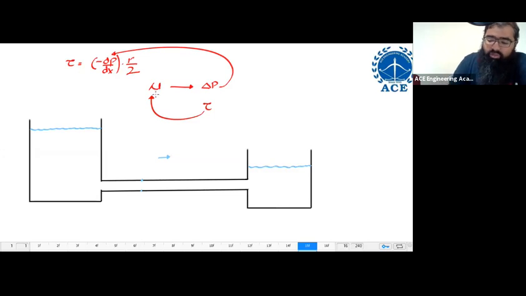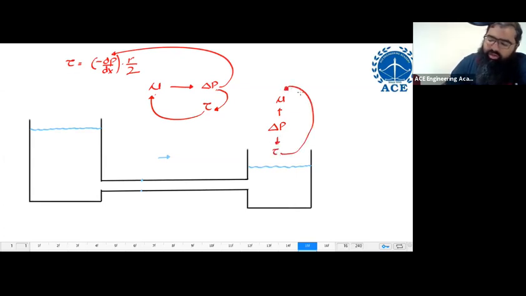And because of loss, someone has to sacrifice. Who is making that sacrifice? Delta P. Ultimately, delta P is also related to shear stress. This is a cyclic kind of nature. The delta P is also affected by shear stress, so whatever the drop in pressure is, it has an influence of viscosity and an influence on shear stress.